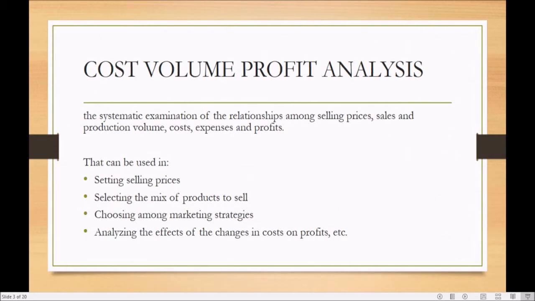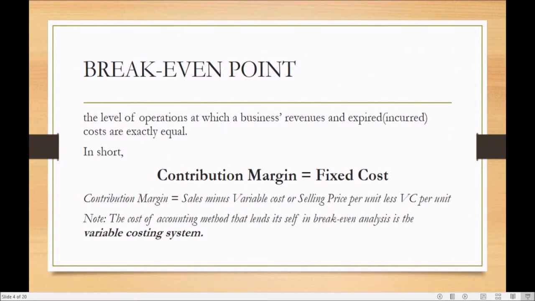Next in my discussion is the break-even point. We know what break-even is. Often, break-even is described as zero. Quits lang.